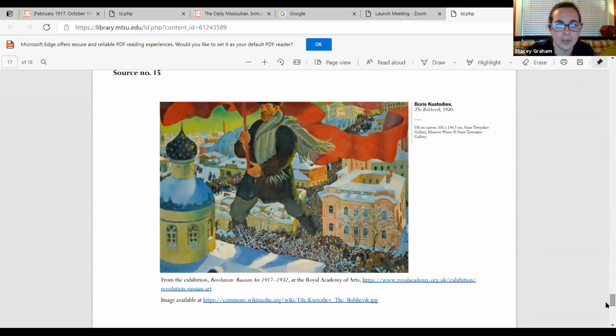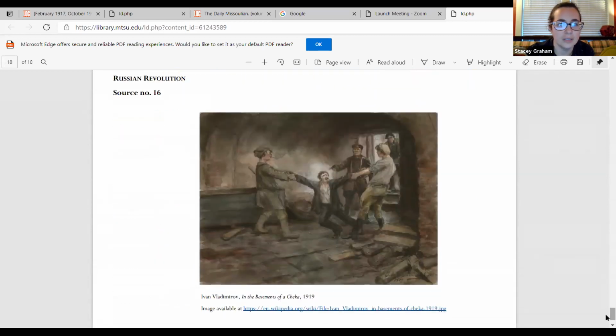And then these are not Library of Congress sources, but I threw in a couple pieces of art at the end because this is also a cultural revolution and there's a lot of propaganda going on. So there's a lot of really awesome artwork and graphic work that is part of this, which is just totally riches.